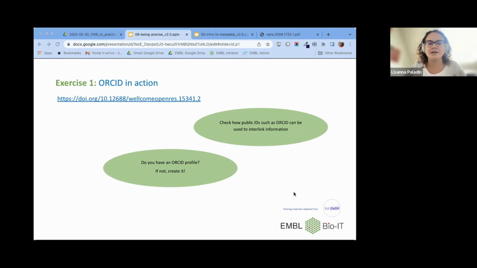The exercise was about checking one of the papers of the lesson developers and checking how it is linked to their profile, and in their profile all their publications are linked. But since most of you know ORCID already, we can skip this exercise. You can have a look at it later on.